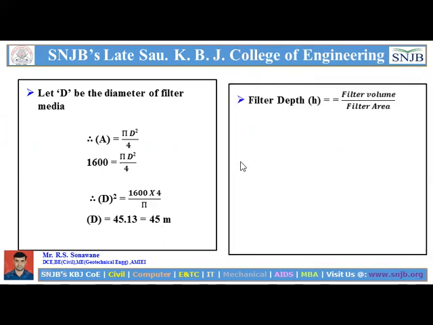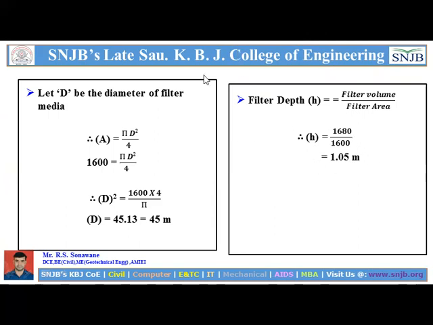Next we have to find the depth in terms of our dimensions. Filter depth is equal to filter volume divided by filter area. So H is equal to the filter volume 1680 divided by the filter area 1600, that is equal to 1.05 meter.